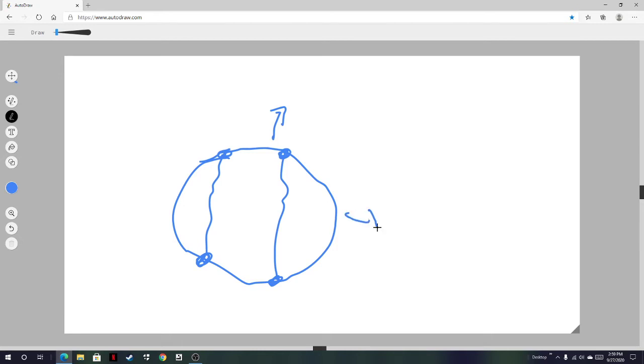And then you can make two different moves. We can make a vertical twist. If it's counterclockwise, like this, we get a -1.